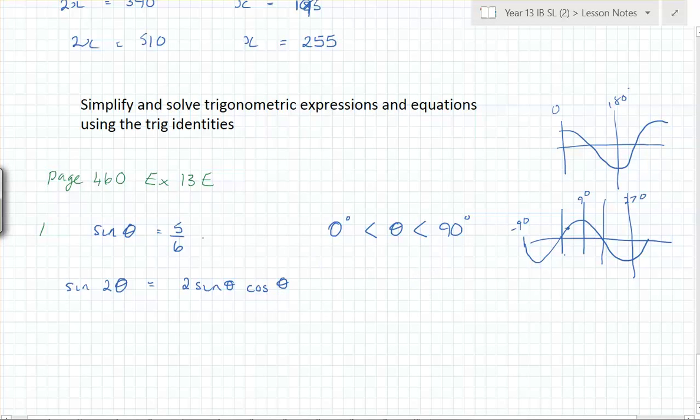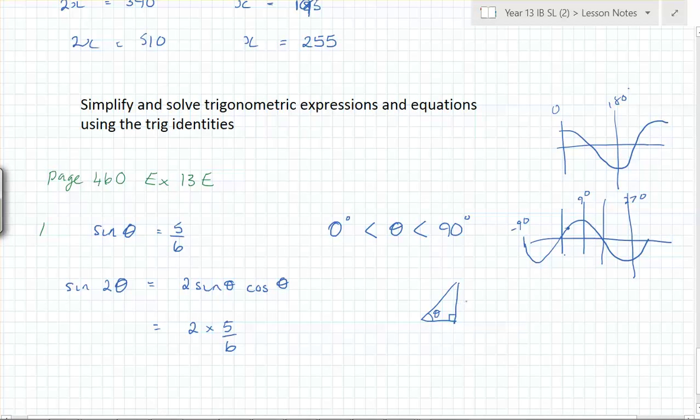Now, we know sine of theta, so actually we can already put in it's 2 times 5/6. The question is, what's cos of theta? Now, there is another identity that you can use to work that out, but I'm just going to draw myself a little right angle triangle, put theta, and if I know that sine of theta is 5/6, sine is what?